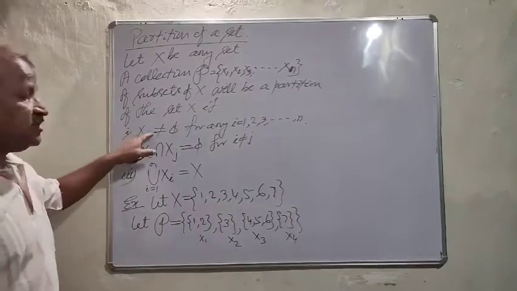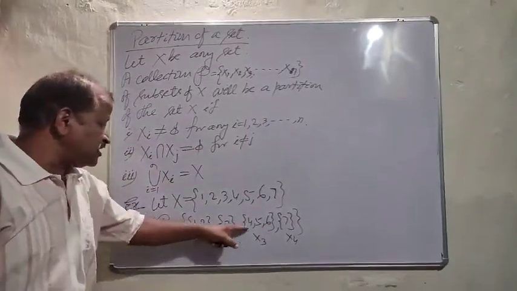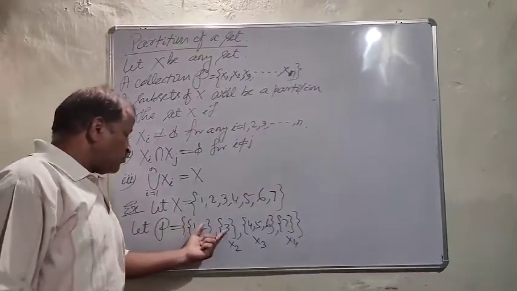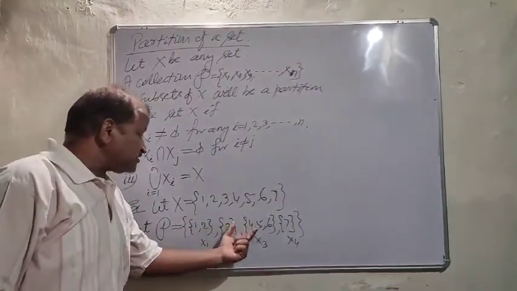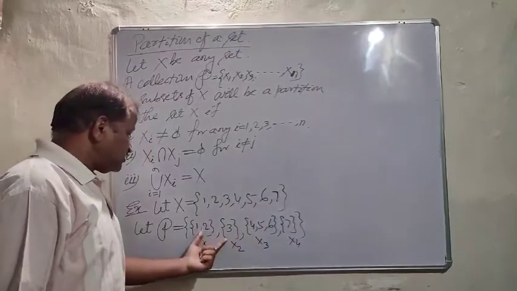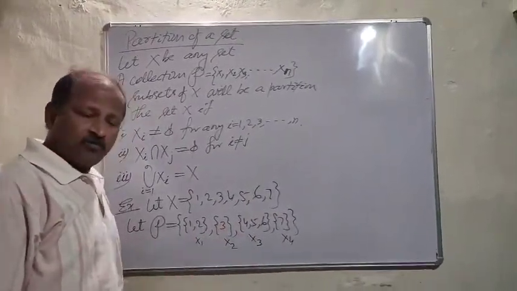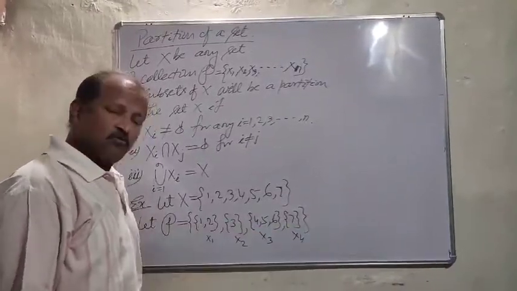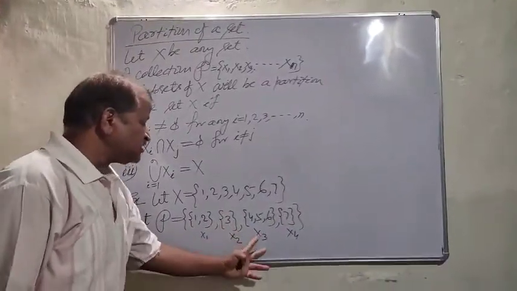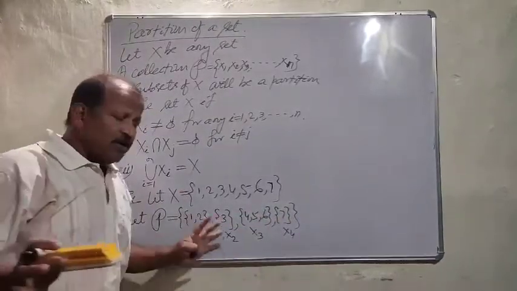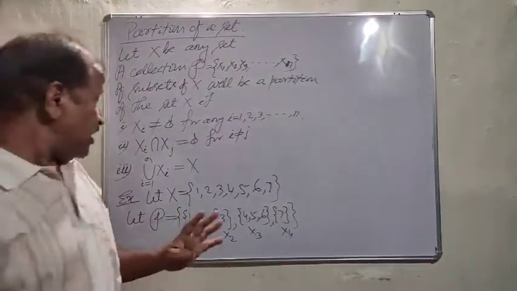You see each subset is non-empty. First point, each subset should be non-empty. Yes, all of them are non-empty, and no two have a common element. x1, x2, there is no common element. x1, x3, no common element. x1, x4, no common element. Similarly, x2, x3, x2, x4, x3, x4, no two have any common element.